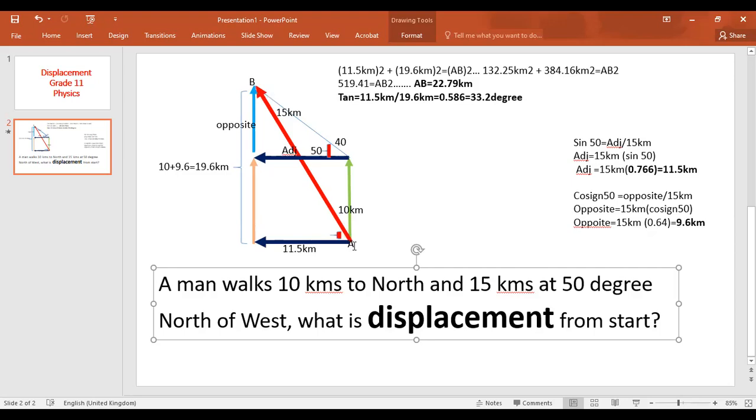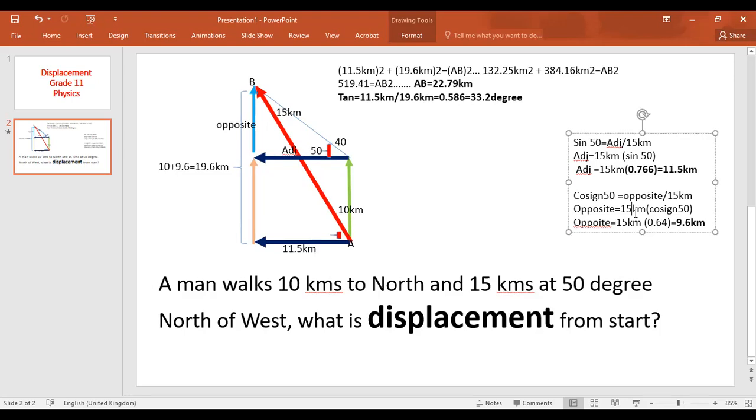The displacement between point A and point B is calculated based on the breakdown of the X and Y axis of the 15 kilometer north of west line. That would give us adjacent and opposite.